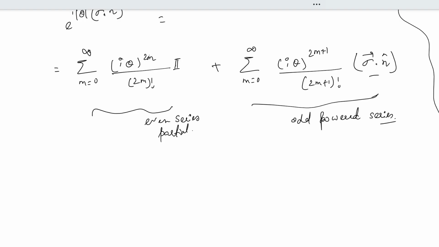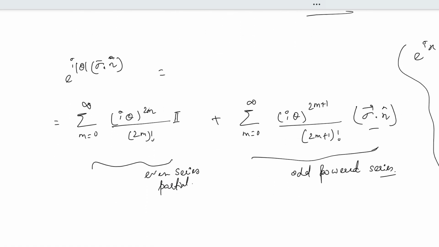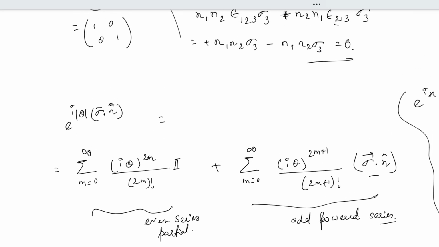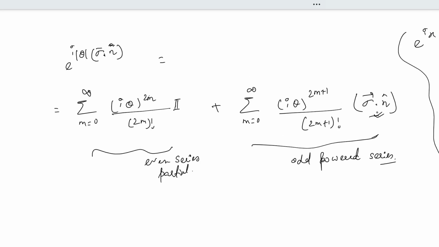So odd powers will be having this term and even powers will be having this term. So that is why, apart from these powers, factorials and square terms, you have this identity matrix here, because the even powers are giving you the identity matrix, and for the odd powers you are getting this, so that is why you have this term.